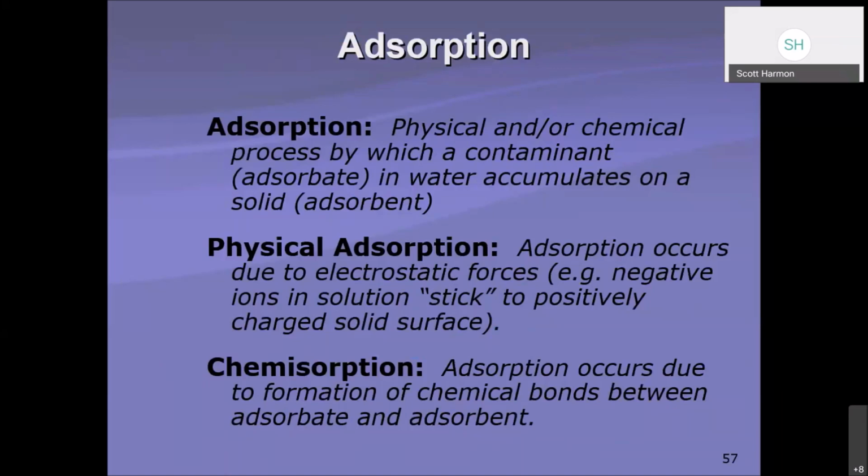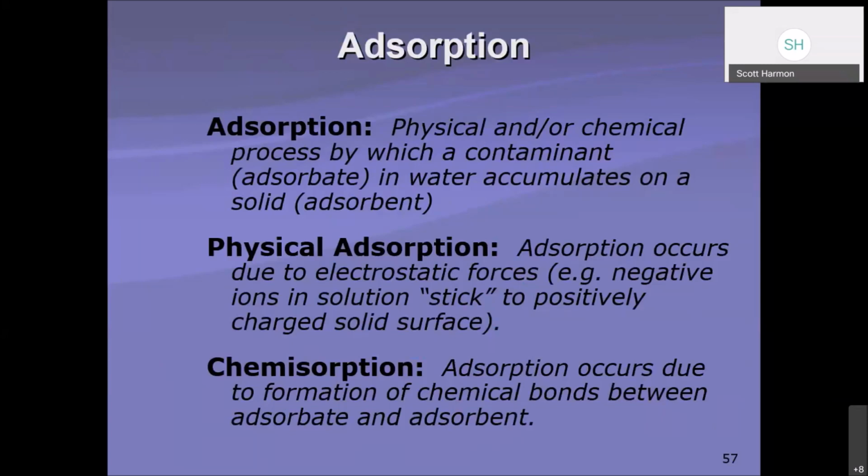But when we're talking about adsorption, we're talking about the property, whether physical or electromagnetic, of a particle sticking to the outside of something. Physical adsorption works on electrostatic type forces, positive or negative ions. If you went to my coagulation class, you'll understand that. If not, there are specific ions that work kind of like magnets.